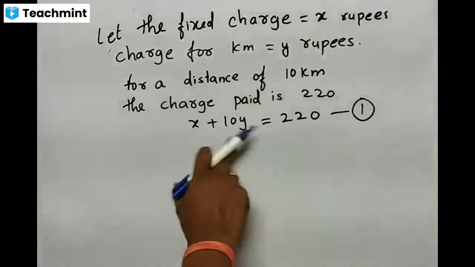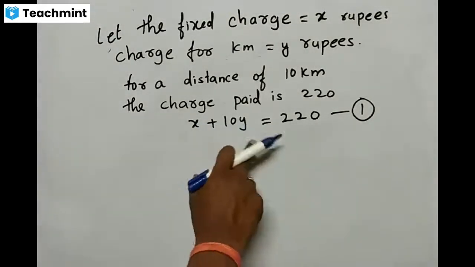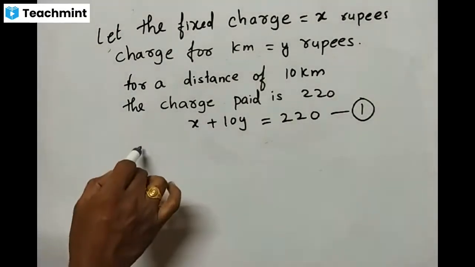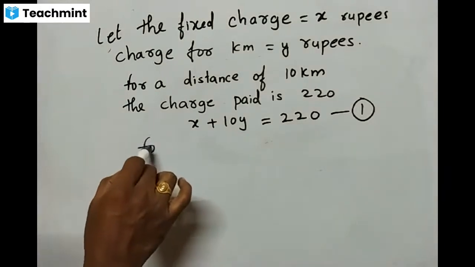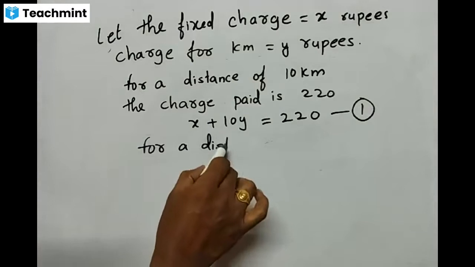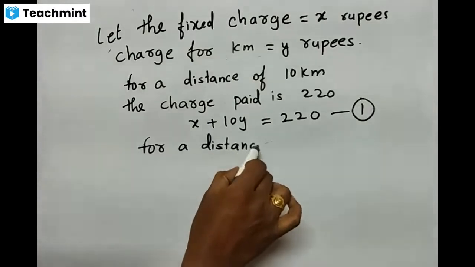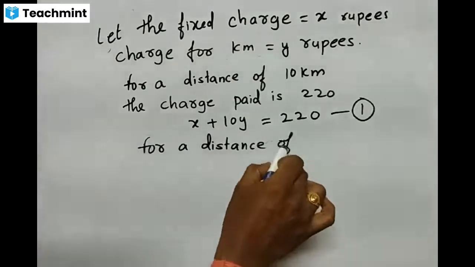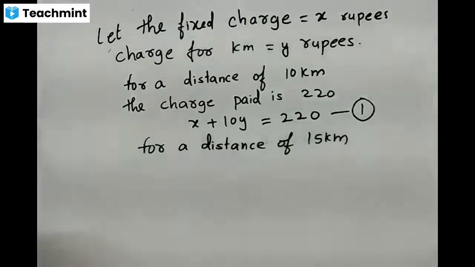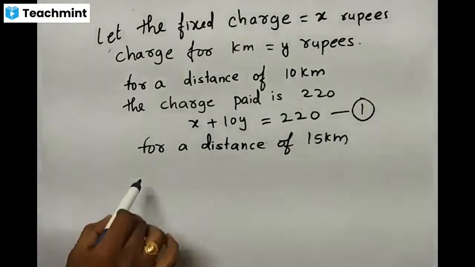10 kilometers charges, 10 into Y, together 220. For 15 kilometers, for a distance of 15 kilometers, charge paid is 310.